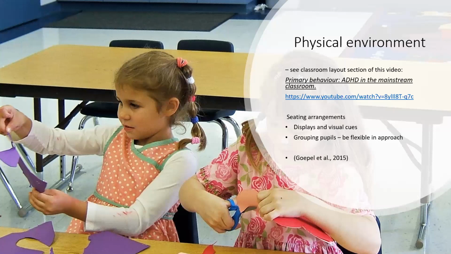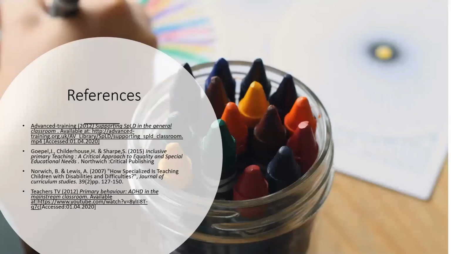So we have now looked at the 4 different factors to have more of an idea of what is involved in inclusive practice. And we'll see that it is actually much more than just the simple interaction between the teacher and the particular pupils with individual needs. The resources that I've referred to are listed here in our references.